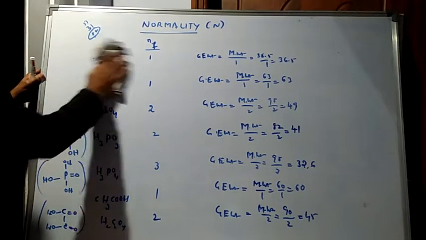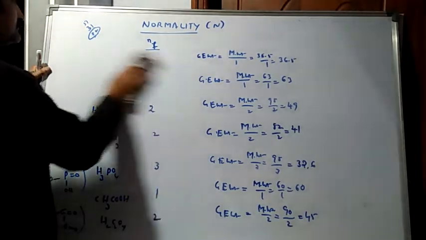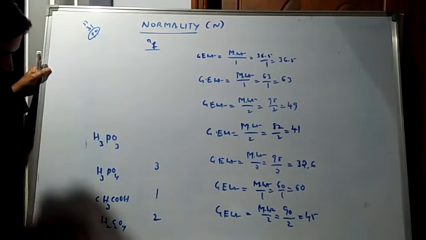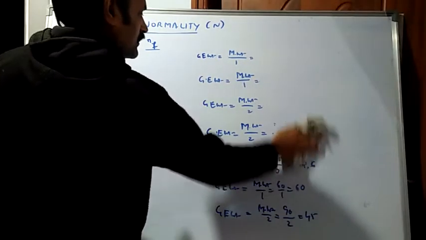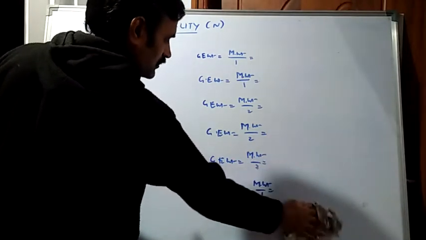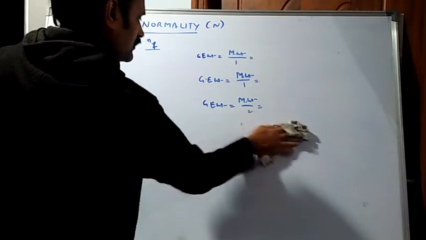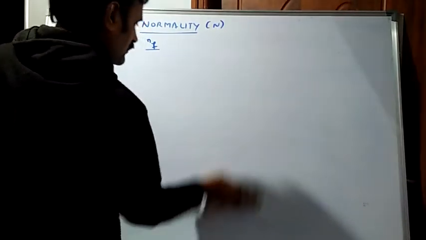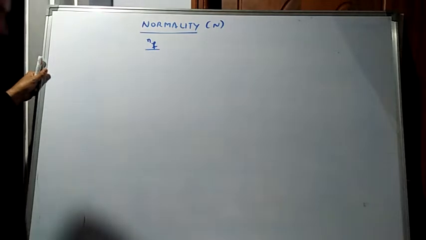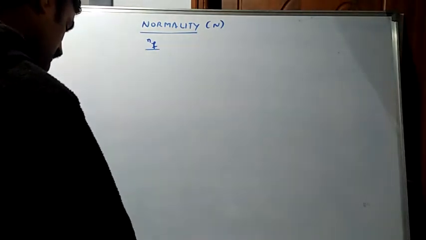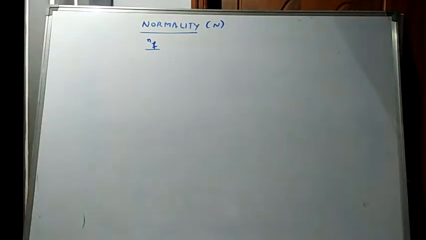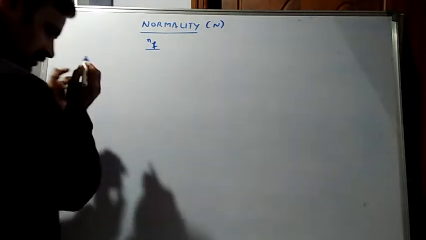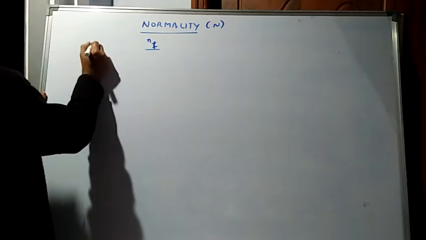In such a case, the N factor is called acidity. Now for bases, what we will use: the number of hydroxyl groups present in a molecule of base is known as the acidity of the base. So we will take bases now.